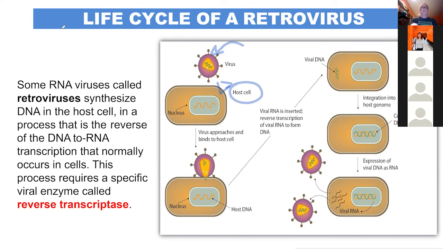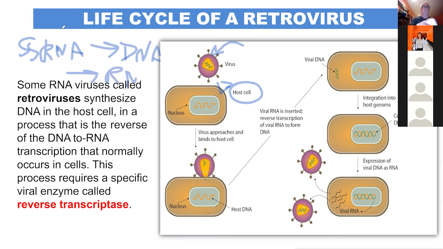So the virus now injects its material inside the cell. It doesn't even have to enter the cell. Sometimes it just injects its RNA. Now, when the RNA is in there, we have single-stranded RNA that needs to be copied into DNA, so that it can then be transcribed back into RNA.